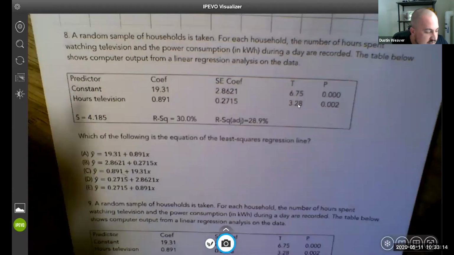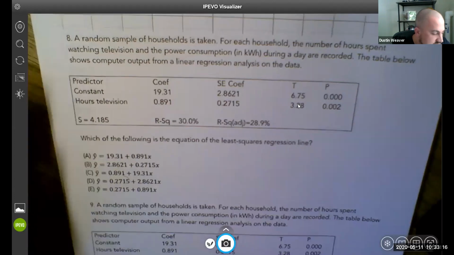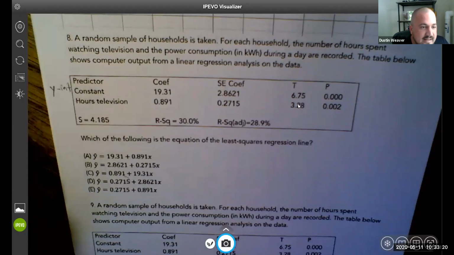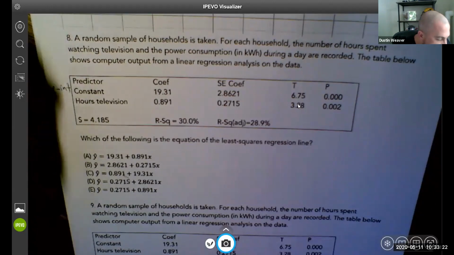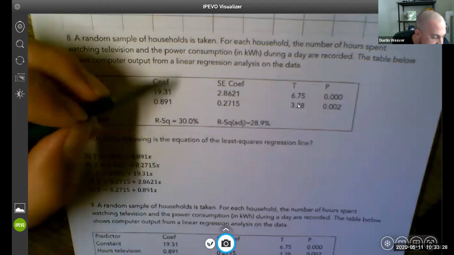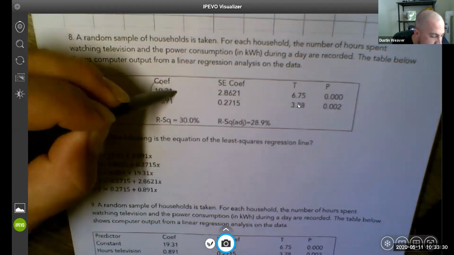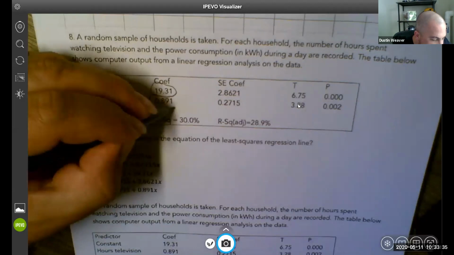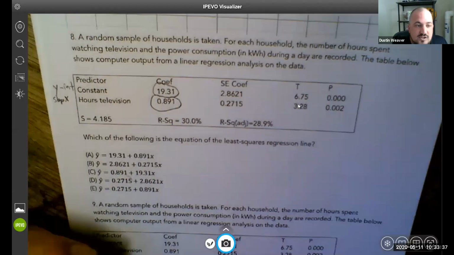So you see the word constant here. Constant is always your y-intercept, right? And then hours of television, that is always your x, or what's called your slope, right? So the constant coefficient, the number by itself, is the y-intercept. The hours of television would be our slope.